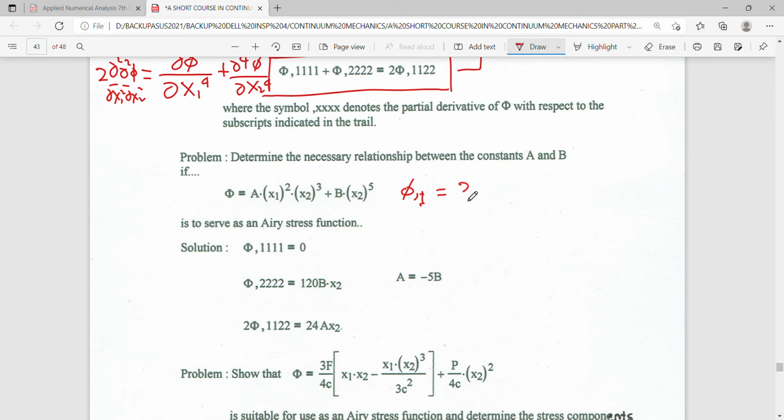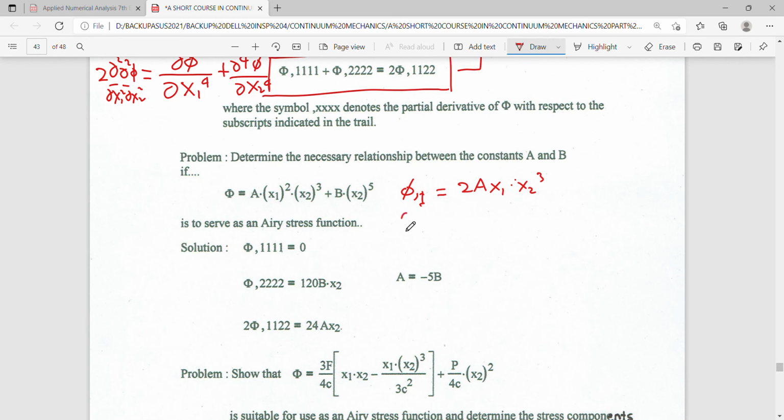So this becomes 2a x1 x2 cubed. Right? Constant 2a. Yes, sir. Okay.